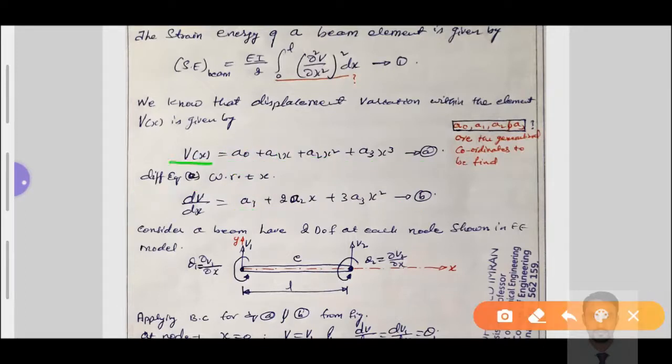The differentiation of this displacement variation is equal to a1 plus 2a2x plus 3a3x². Call it equation number b.